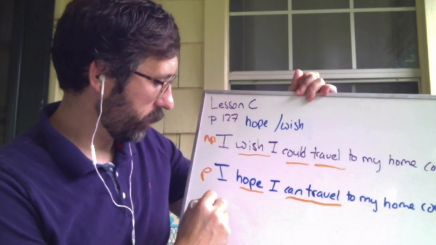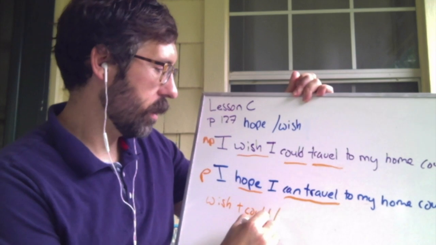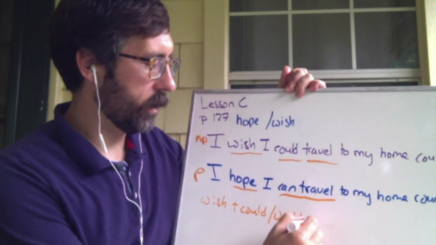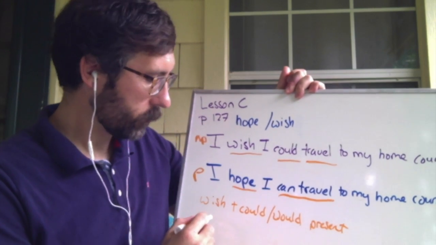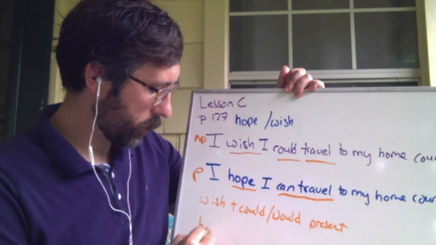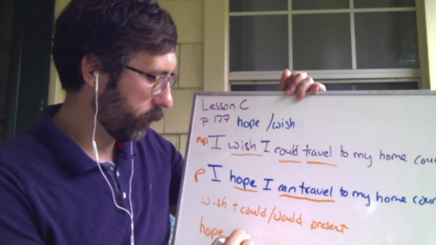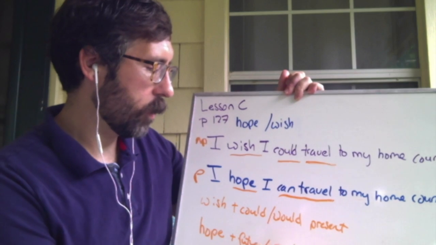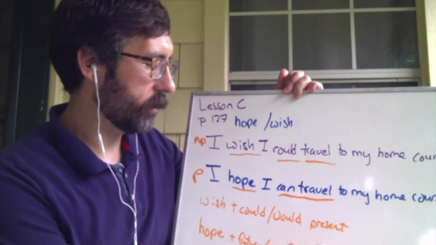When we use wish plus could or would, and then the present form of the verb. When I'm talking about hope, I'm going to do hope plus the future, the present, or can plus the present.